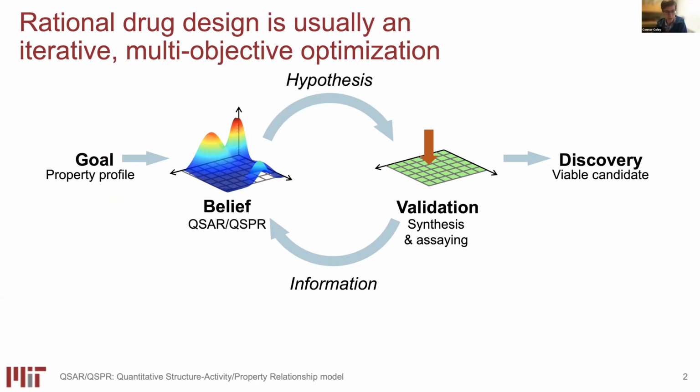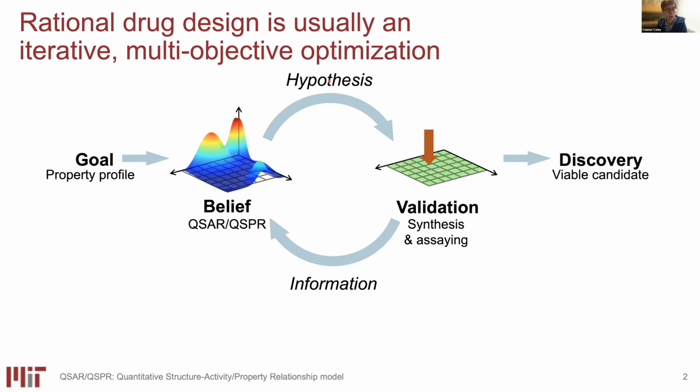And in almost all cases, we end up with an iterative process. We end up with this workflow where we have the design of the molecule that we'd like to achieve in terms of its properties, right? For a drug, we'll define some target bioactivity, toxicity, solubility, all these different multi-objective functions. With that goal in mind, we'll design models and beliefs that try to predict for new molecular structures what properties they'll exhibit.